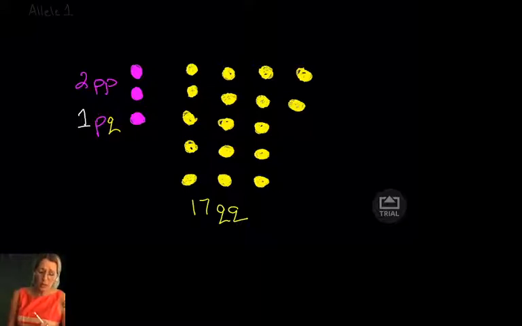Okay, what's going on at allele 1? So at allele 1, that would be our first position. P plus Q, we're trying to demonstrate that that equals 1.